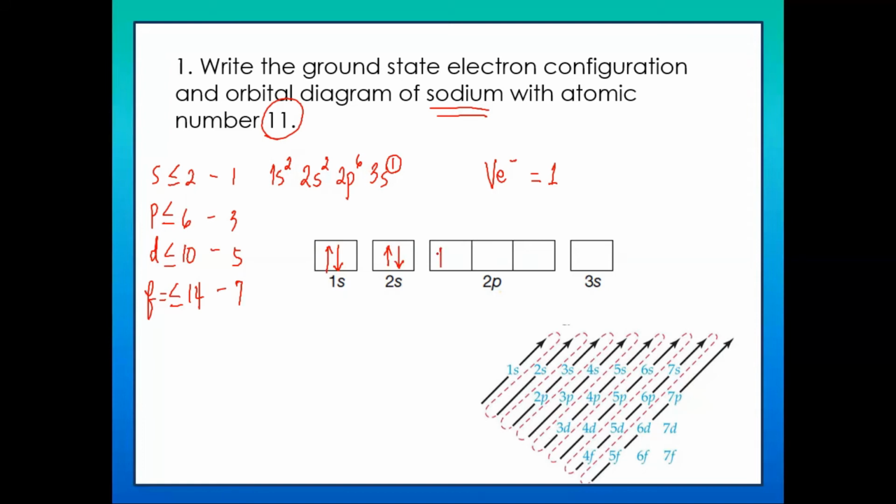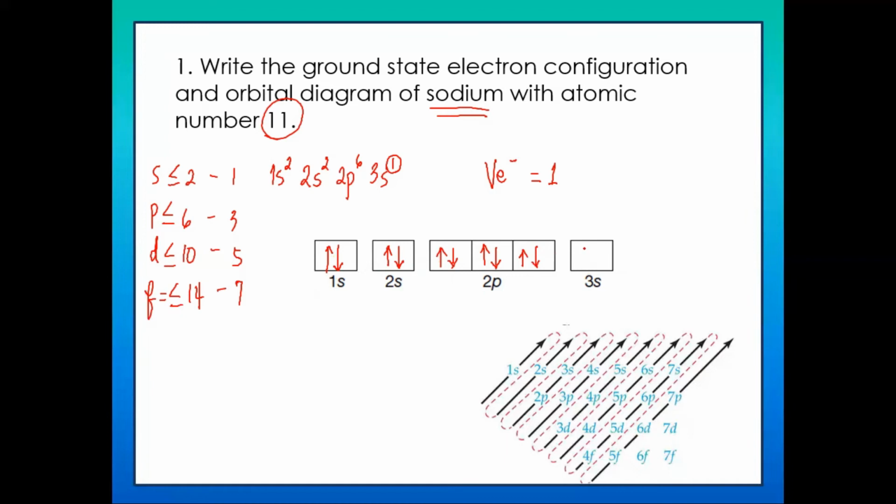Start with the upward arrow first in each box before writing the downward arrows. So that is for Hund's rule. And Pauli exclusion says that only 2 electrons may inhabit an orbital. The orbital is represented by squares or boxes. So 3s, how many electrons?